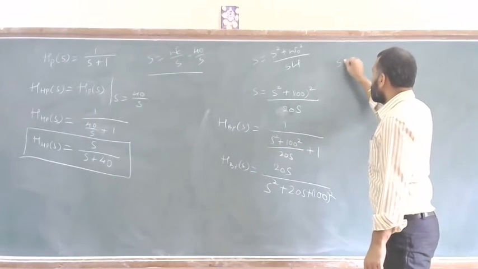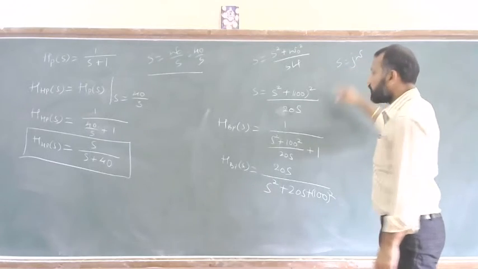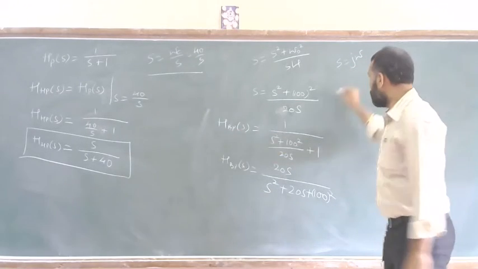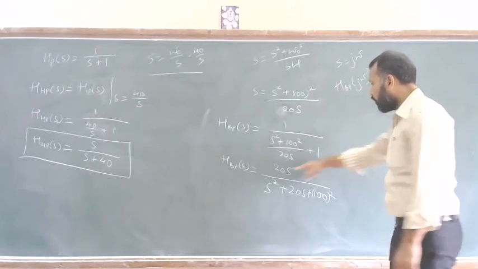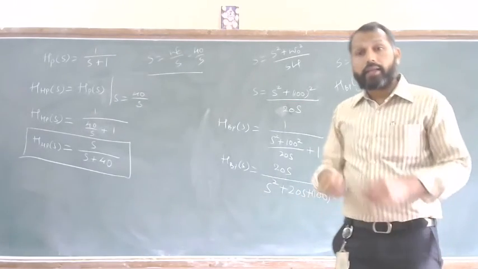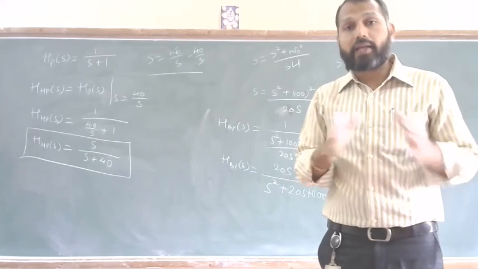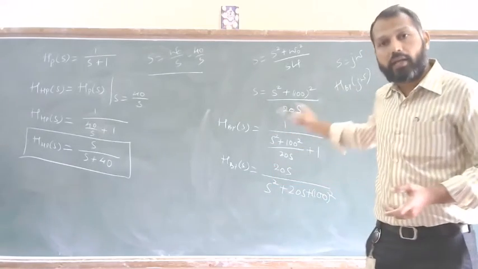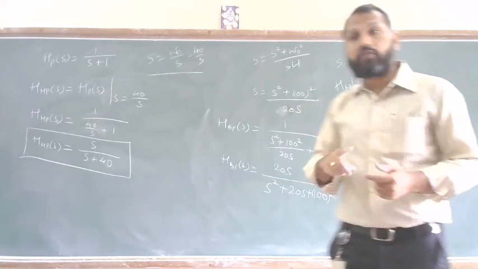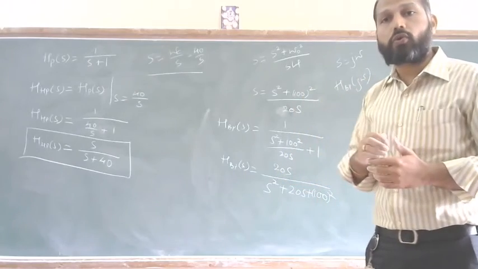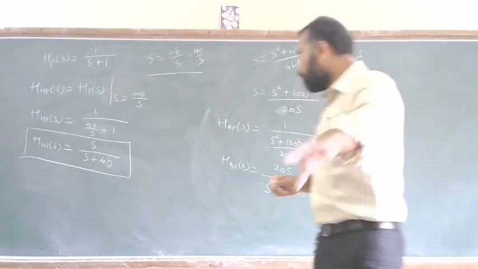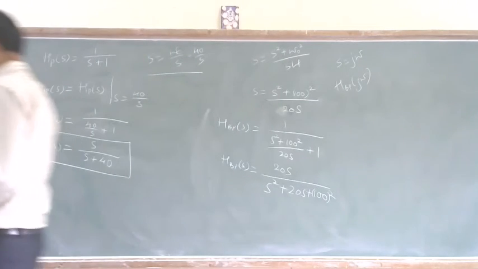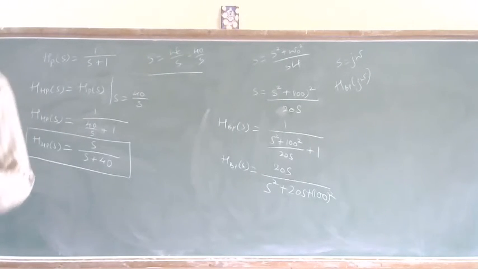The frequency response is obtained by substituting S equals j omega in both of these. We'll get HBP of j omega here also. Then by taking the magnitude value, we'll get the magnitude response, and there we need to substitute omega from 0 to 200 to get the magnitude response. That part we'll be doing in Octave.